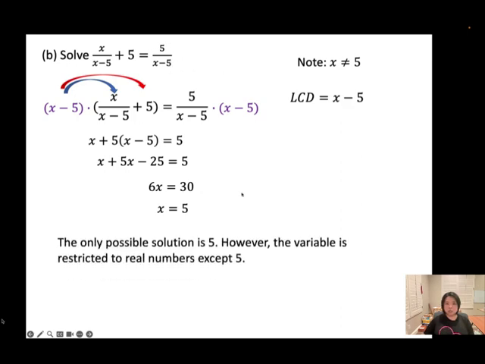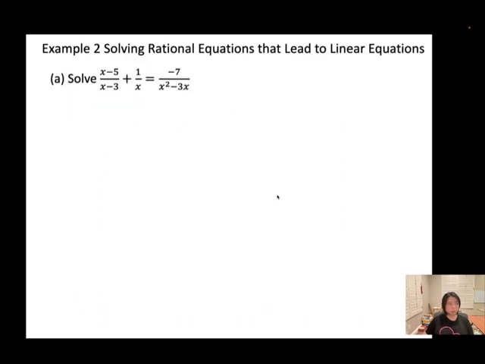If the only possible solution is 5, but we know that we have the restriction on that, that means there is no solution. Okay, the solution set is going to be empty, meaning no solution. Okay, try this one.